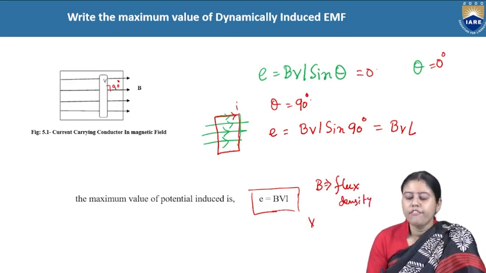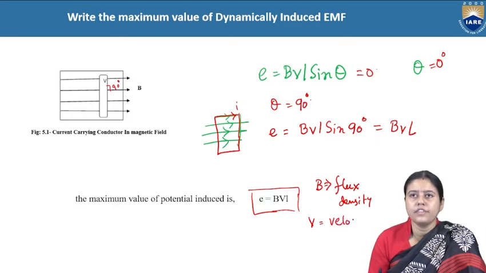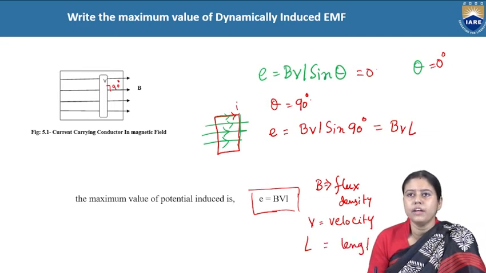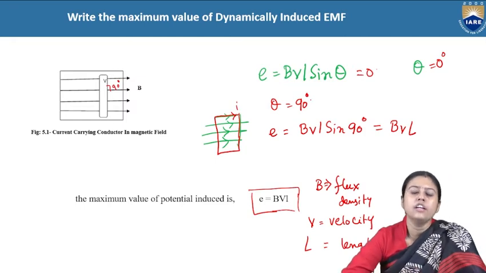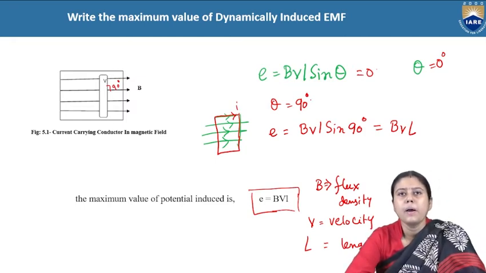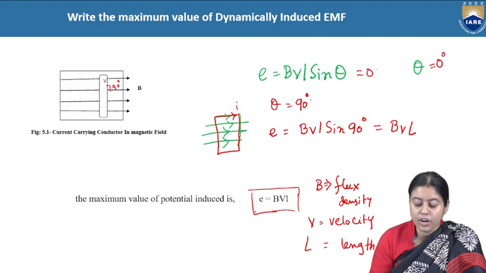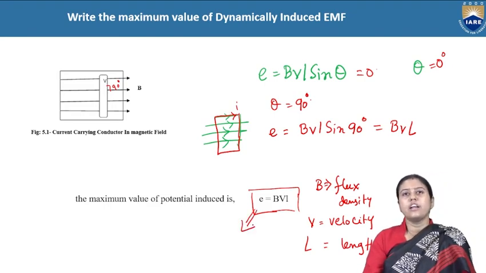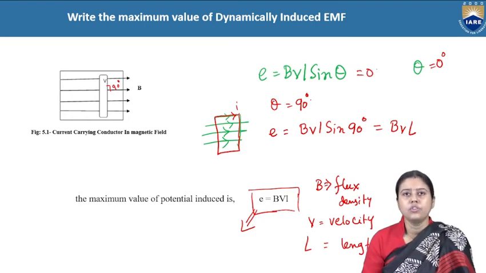What is V? V is the velocity of the coil. And what is L? L is the length of the coil. And the induced EMF direction we can get from Fleming's right hand rule. We can get the direction of E using Fleming's right hand rule.